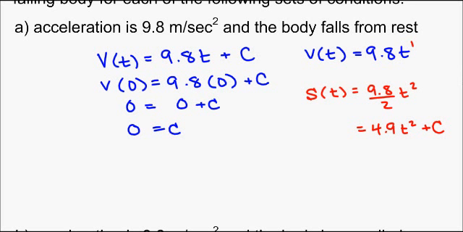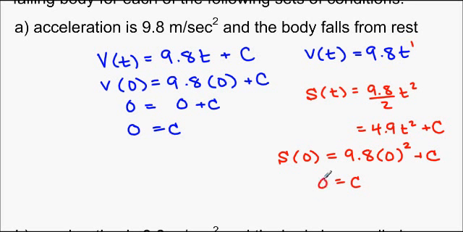But again, we have s of 0, time is 0, equals 9.8 times 0. So our velocity was 0 at time 0 plus c, so that all goes away.